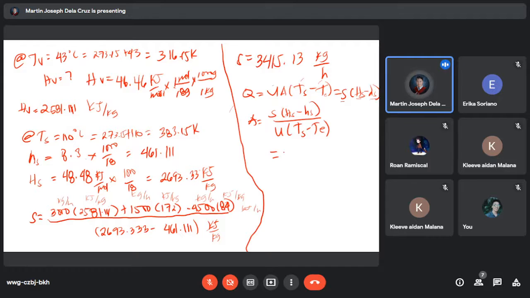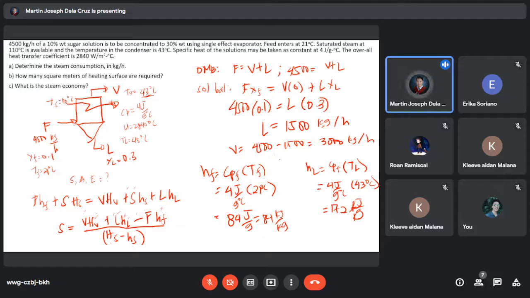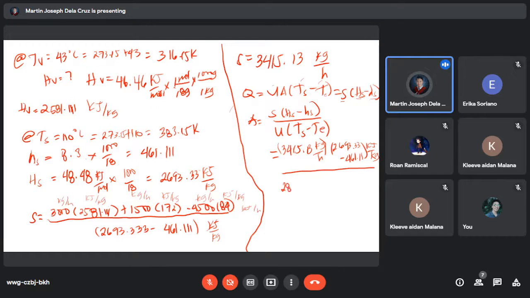Steam is 3415.13 kilogram per hour times 2693.33 minus 461.11 kilojoule per kilogram, all over U, which is I think 2840 watts per meter squared degrees Celsius times TS, 110 minus 43 degrees Celsius.